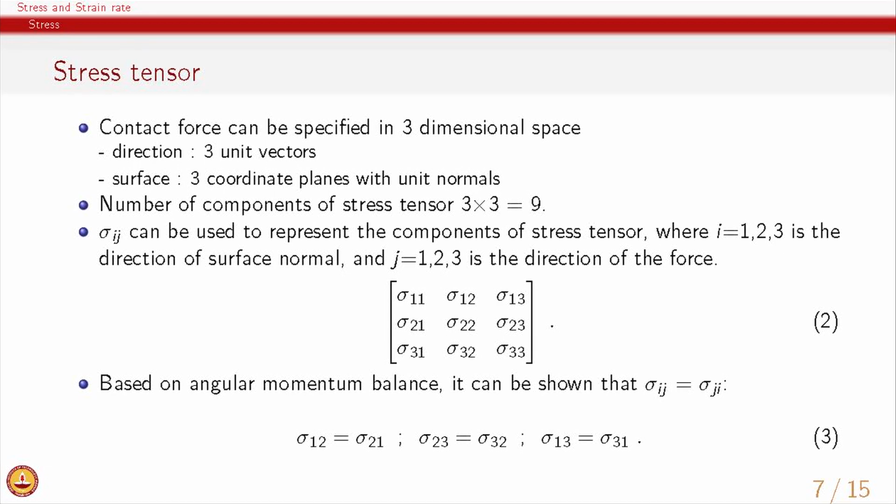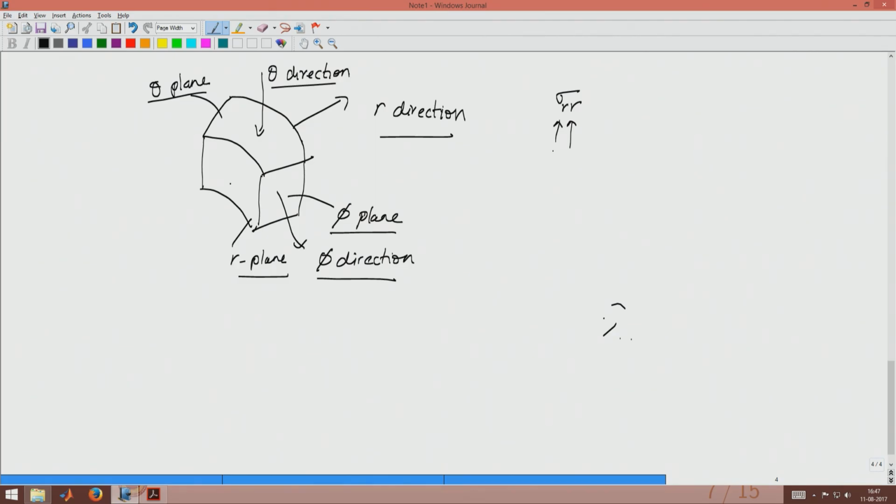So, this is the r surface, or r plane, and this indicates the direction of the contact force. And so, clearly this is an example of sigma r.